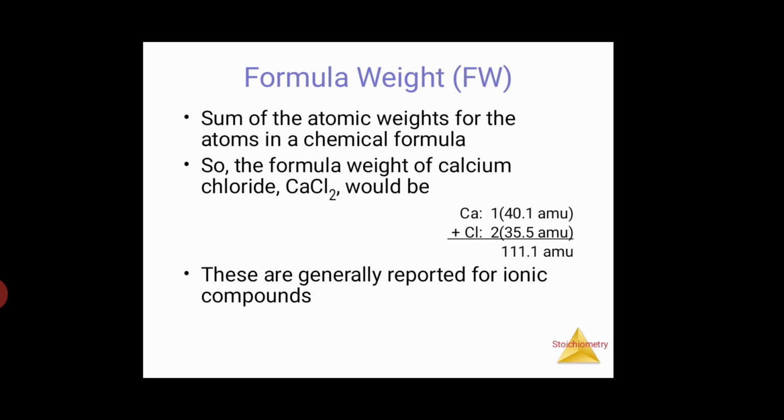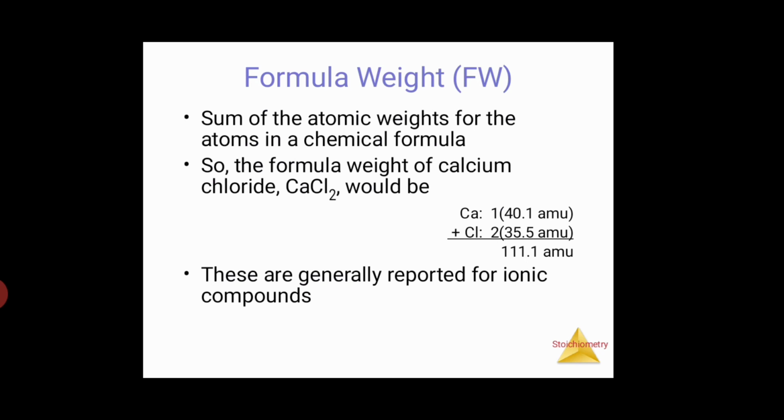When it comes to formula weight, this is the sum of the atomic weights of the atoms in the chemical formula. So the formula weight of calcium chloride, for example: for calcium, please check your periodic table, you would have 40.01 atomic mass units.